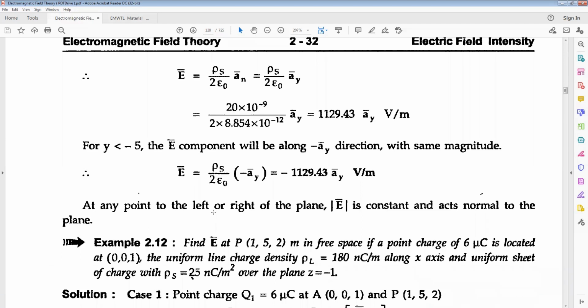At any point to the left or right of the plane, the magnitude of E bar is constant and acts normal to the plane. For both conditions, the electric field intensity for the given rho s of 20 nanocoulomb per meter square is 1129.43. Go ahead, my students.